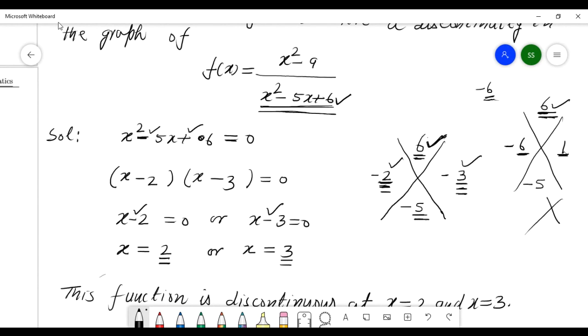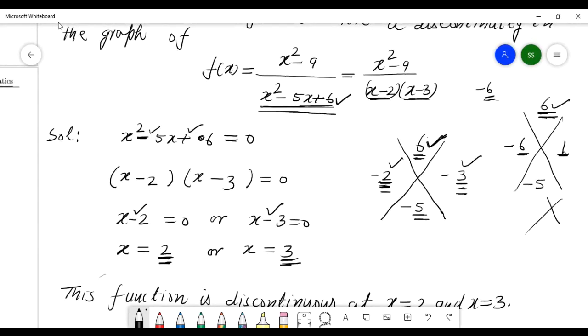x square minus 5x plus 6. This means what? Here you can write x square minus 9. Here this means x minus 2 times x minus 3. So if you take x equal to 2, this will be 2 minus 2, 0. If you take x equal to 3, here 3 minus 3, 0.